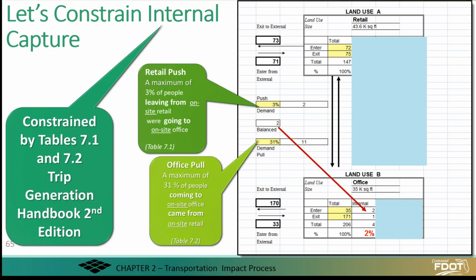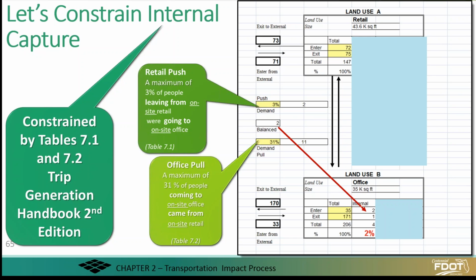So in order to get this data, you can't just count cars. You got to talk to people as they're coming in and leaving stores. And that's very difficult. So in this case, you run the calculations again with the 75 exiting and the 35 entering, and with these constraints put on it, you really only get 2 trips.